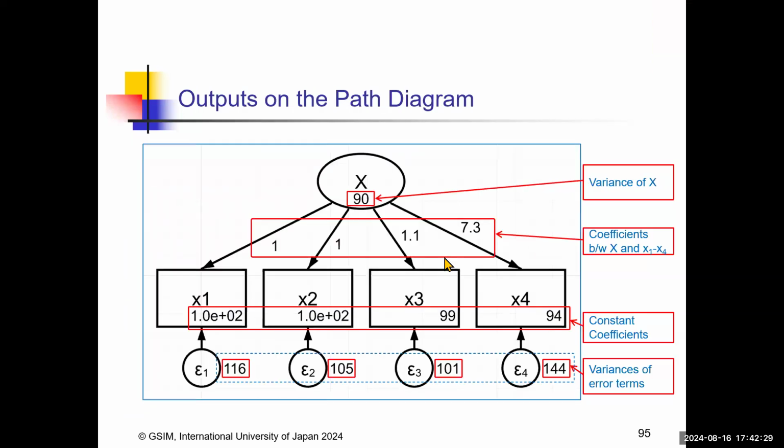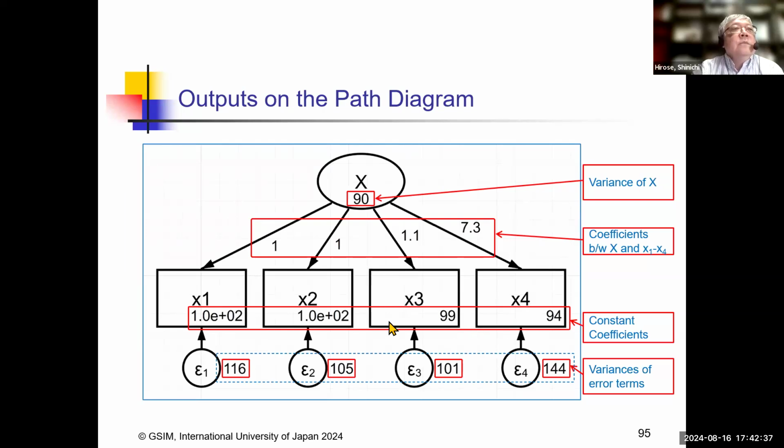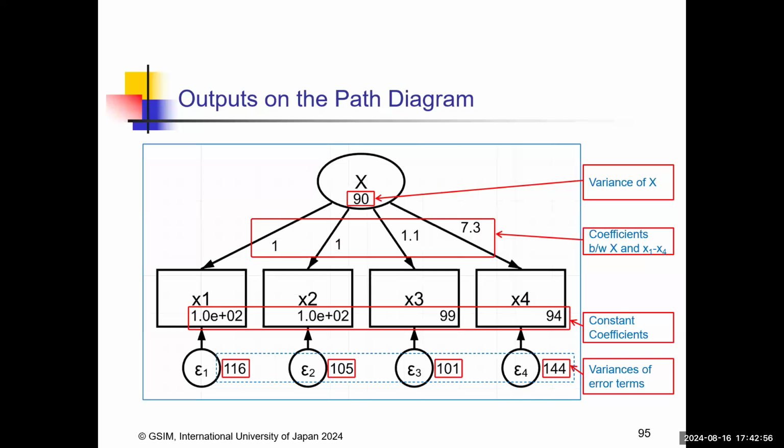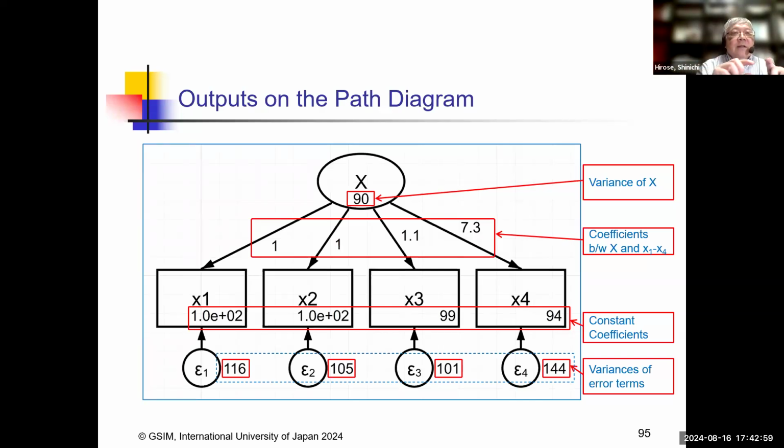Professor, the coefficients are okay, but what is the constant coefficients? Constant coefficients. Think about the case of multiple regression, or even simple regression. You see the constant and the coefficient, right? Yes. So this constant coefficient represents the constant number for x1 to x4.